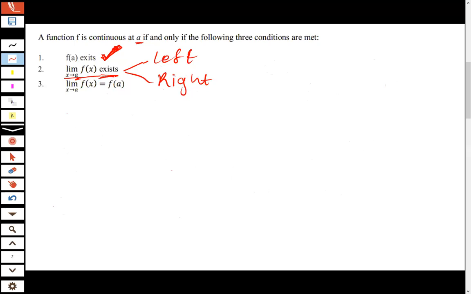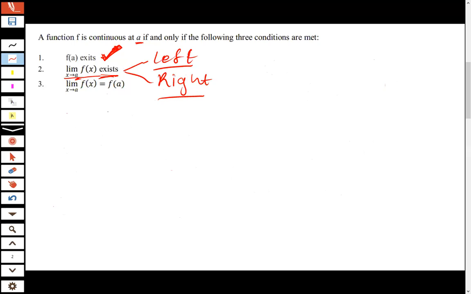You do that by checking the left and the right side. If the left and the right side are equal, the limit exists. But if they are not equal, the limit does not exist. And if the limit does not exist, the function is not continuous at that given point a.